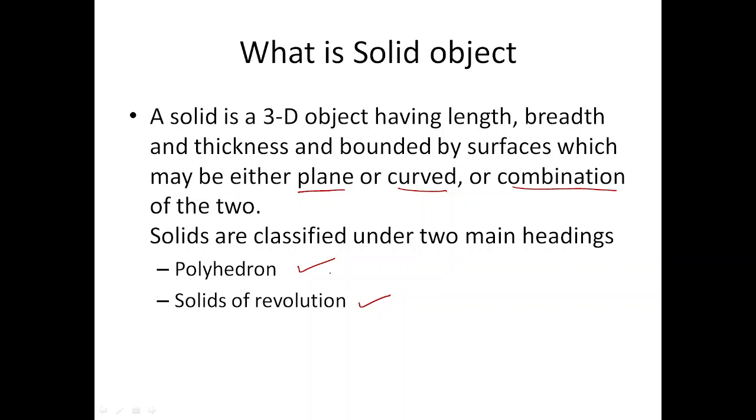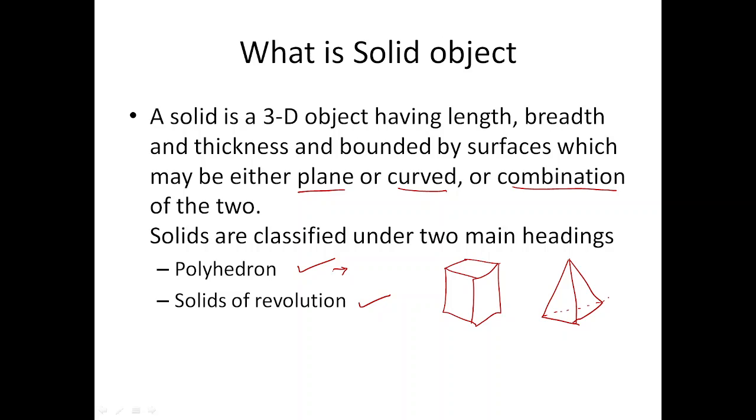A polyhedron is a solid that consists of flat surfaces. For example, a prism, a pyramid.